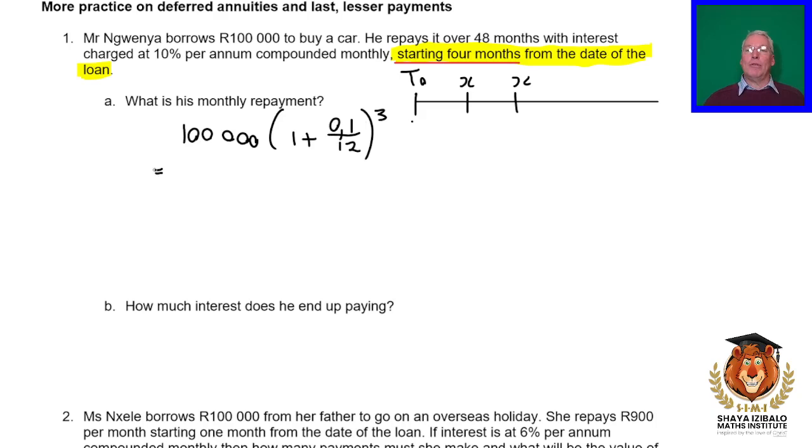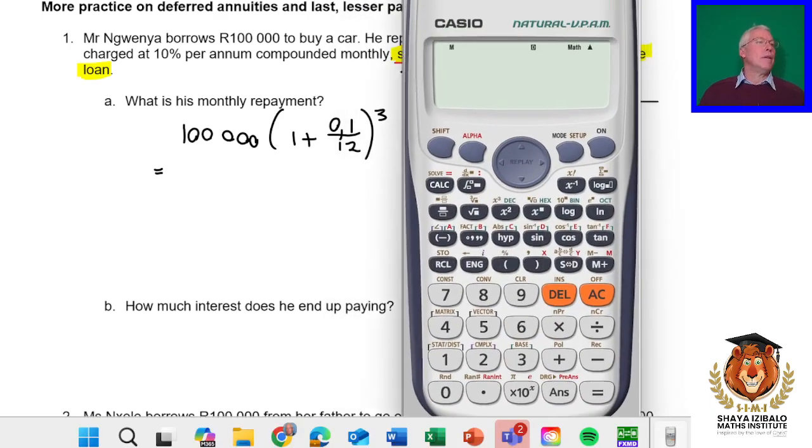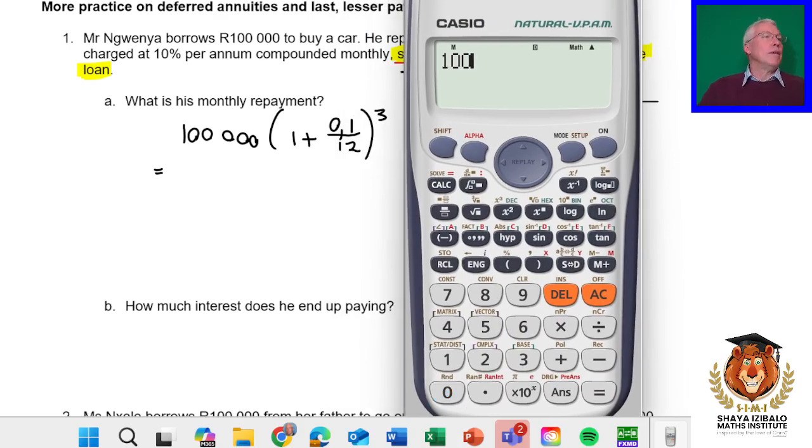And that comes to, let's just have a quick look. 100,000 Rand times 1 plus fraction 0,1 over 12 to the power of 3. Okay, not 3 to the power of 3.